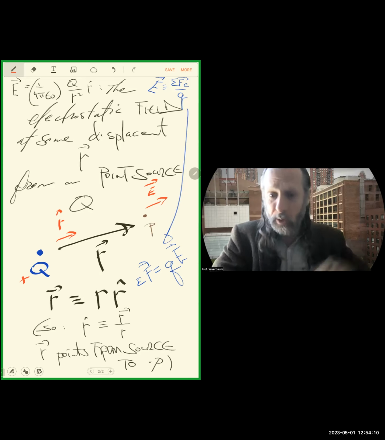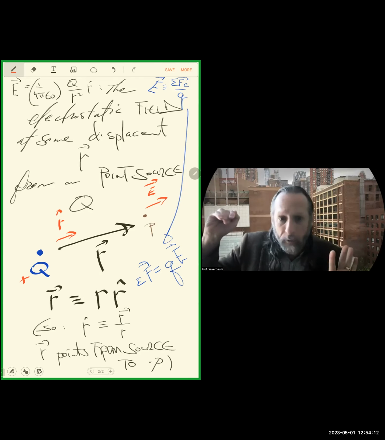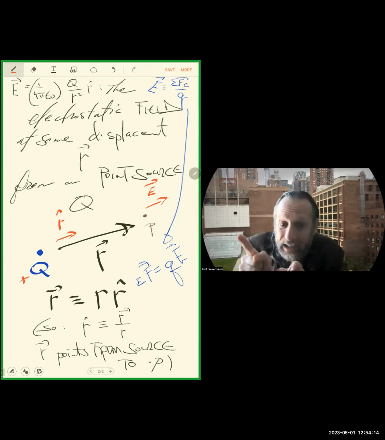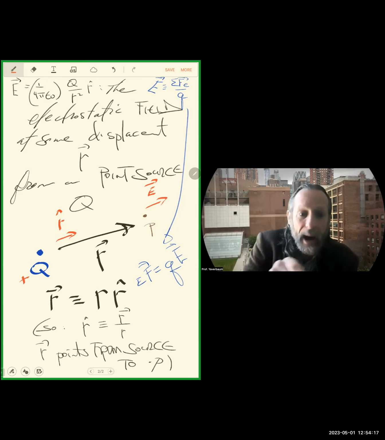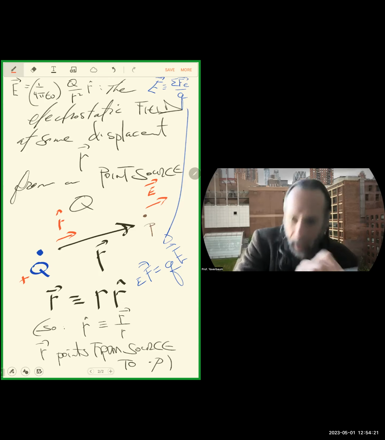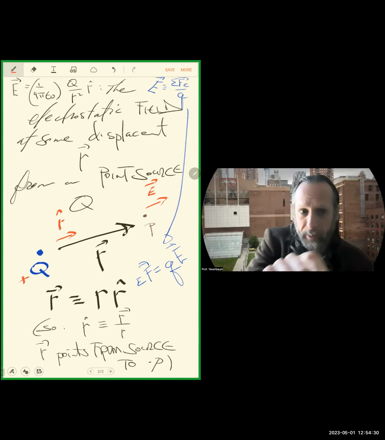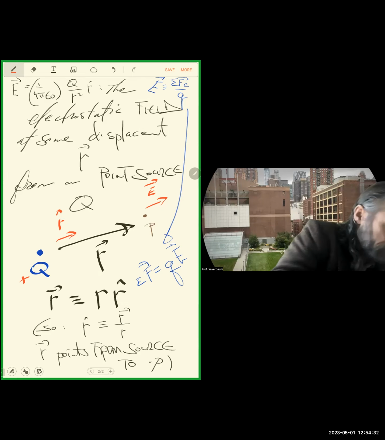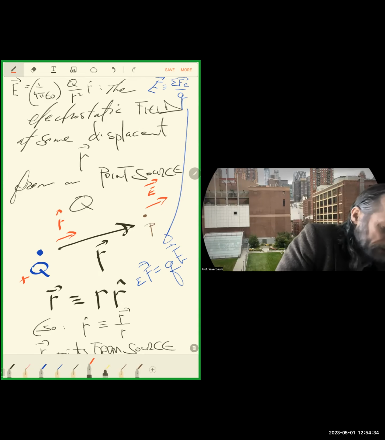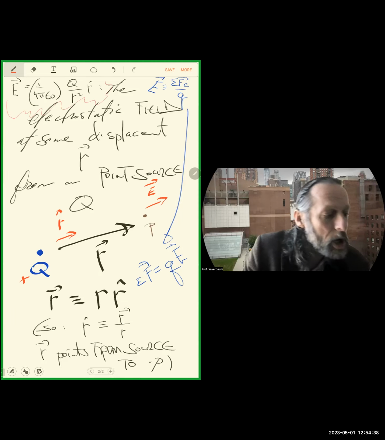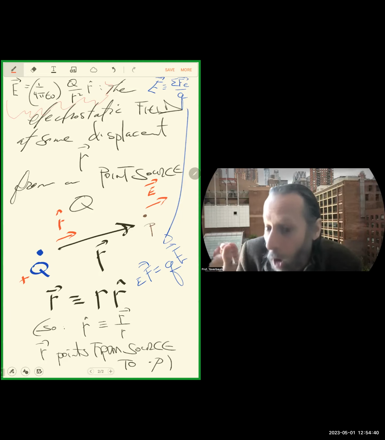Its magnitude is constant times Q over R squared. So its magnitude is determined by the original magnitude of charge times a constant times the square of the distance between Q and point P. Notice in the equation up here, the equation that gives us field from a point charge, what's in the denominator is just the letter R squared.